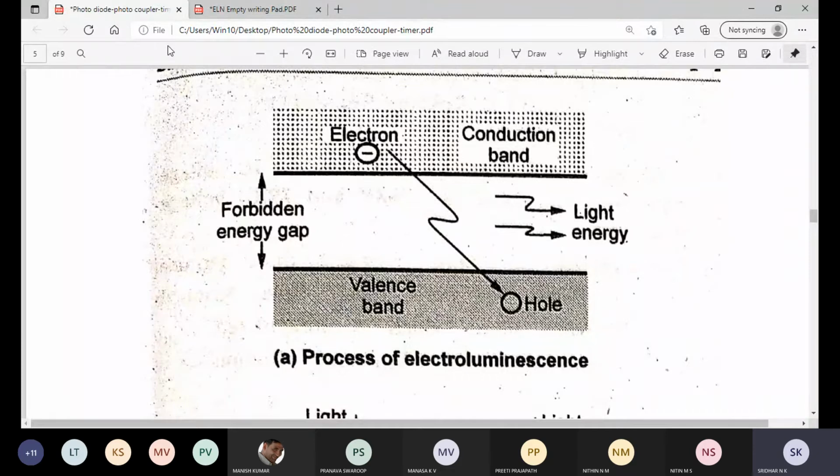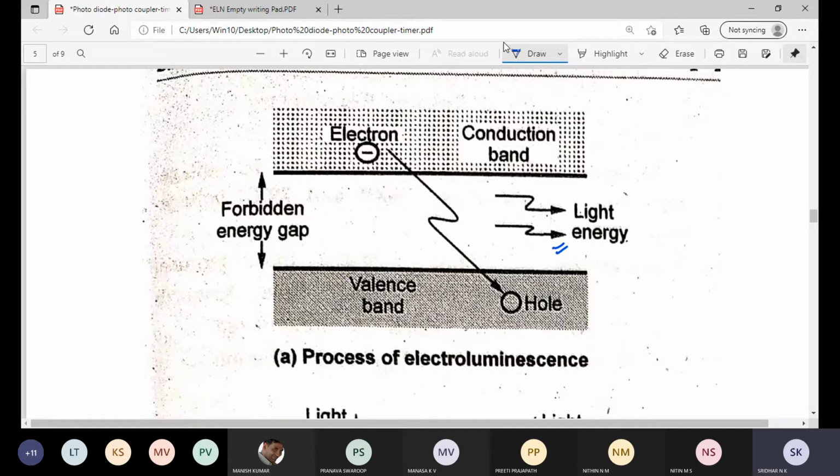The electrons from the conduction band will fall to valence band. That means it falls from higher band to lower band. When it falls from higher band to lower band, the energy is released in the form of light. When the electron falls from higher energy level to lower energy level, the energy will be released in the form of light. This is the main concept in case of LED.